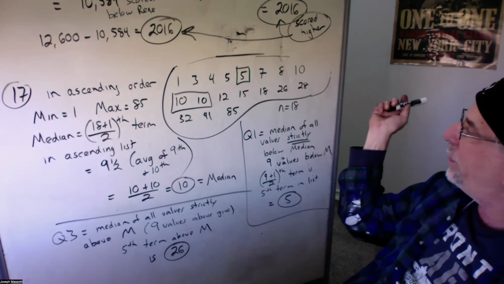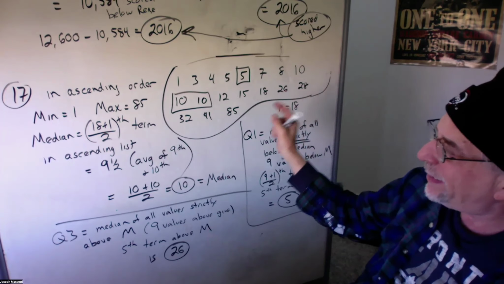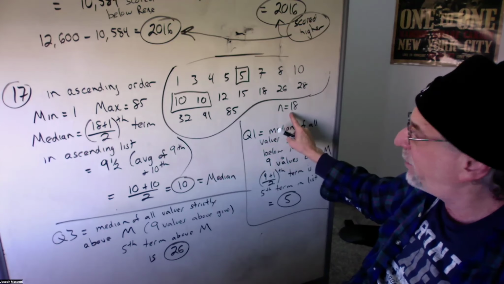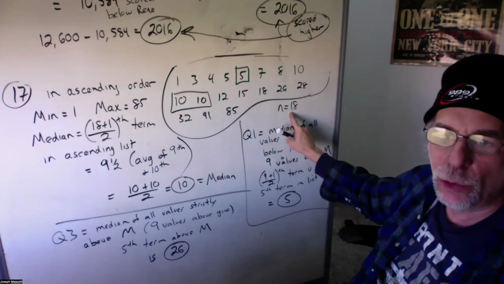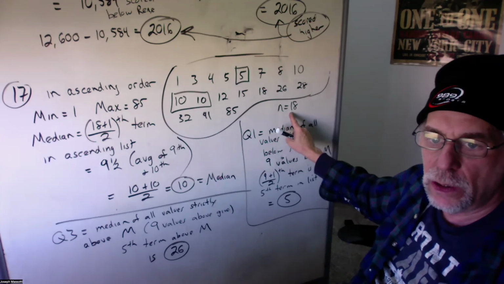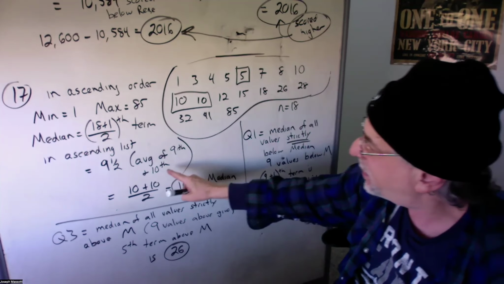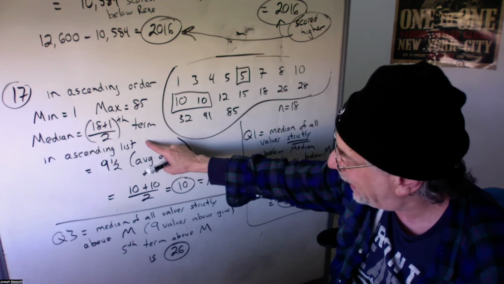So there's not a single value in the data set that's the middle, because there's 18, right? If the number of values in the data set is odd, then your median will be an actual data value in the set. But in this case, it's the average of the 9th and 10th value in the ascending list.